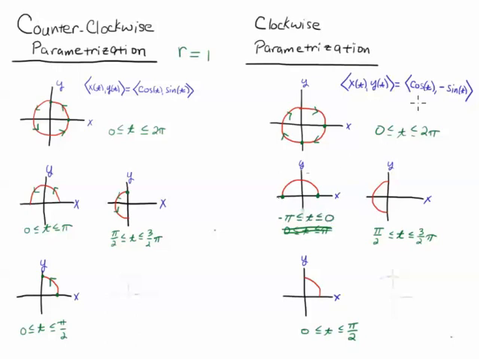So if we start at minus pi, the cosine of minus pi is still going to be 1, and the sine of minus pi is 0. And then if we go up to minus pi over 2, then cosine is still going to be 0. And the sine of minus pi over 2 is going to be minus 1. But we have this minus sign once again in front of the sine, so that's going to be a positive 1. And that sends us up to this point here. So we see that that parameterization is going to work.